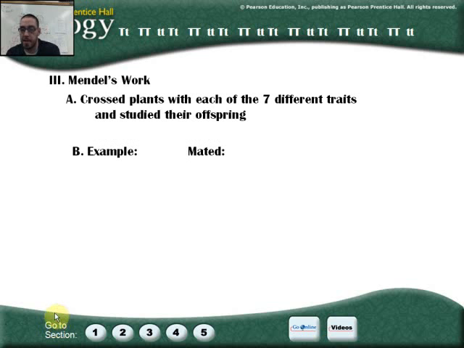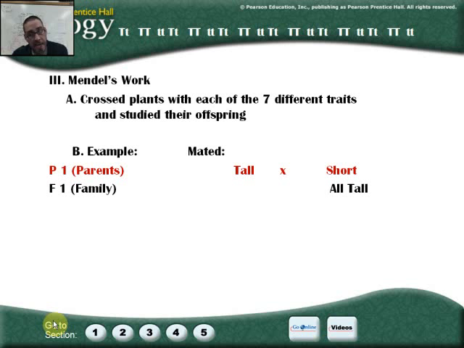So here's what Mendel ended up getting. In his P1 generation, the parents were tall and short. Remember, they were homozygous dominant for tall and homozygous recessive for short. What he ended up having was all tall, and he could only see the tall. He couldn't see the genes or the genotypes, so he just knew that they were all tall. He then crossed them again. He took the F1 generation, all the tall hybrids, and he crossed them again.